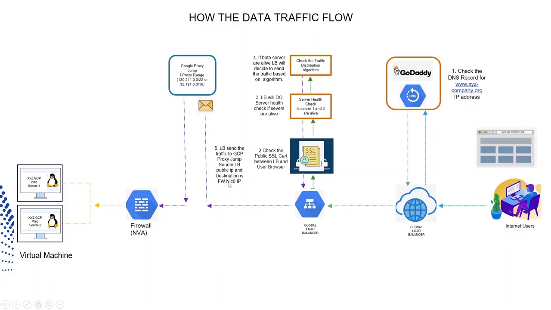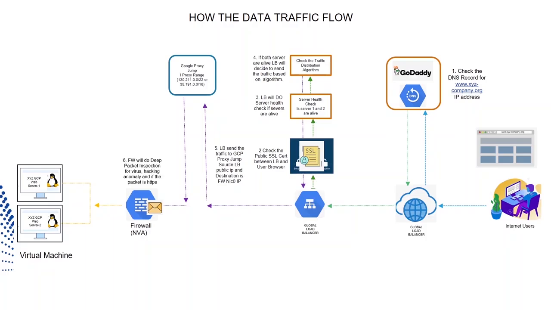The load balancer changes the source IP to a Google internal IP, for example 130.211.0.0, and for the destination IP, it targets the private IP of NIC0 on your firewall, for example 10.0.1.1. The packet jumps from the Google Edge network into my VPC, going to the firewall.